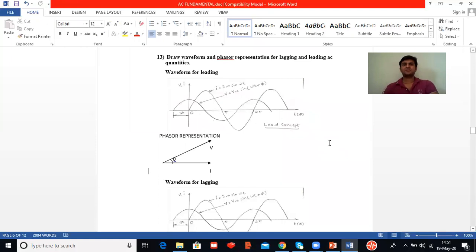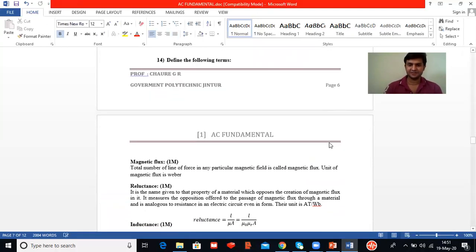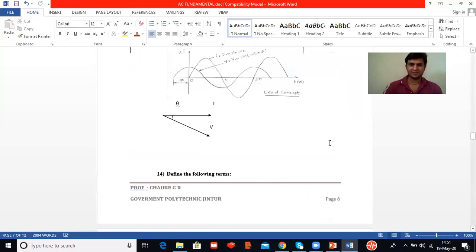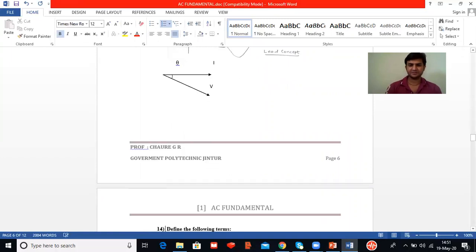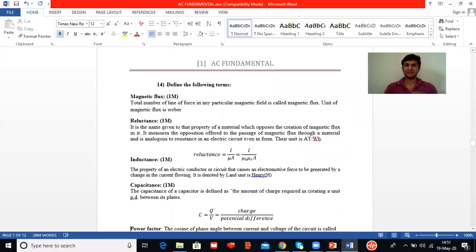Draw the phasor diagrams for the lagging and leading AC quantity. Earlier we have seen the lagging alternating quantity and the leading alternating quantity. The same is explained here. The next question is to define the following terms. Magnetic flux: the total number of magnetic lines of force in a particular magnetic field is called the magnetic flux.